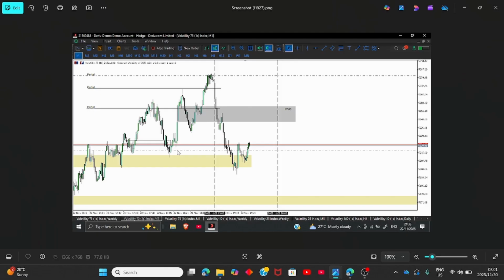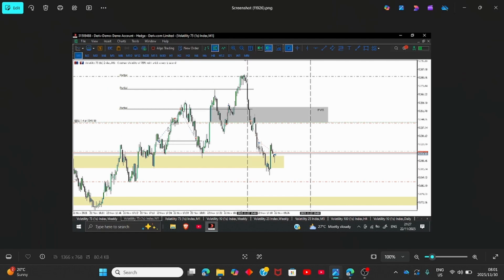When you look at price, it had displaced up quite significantly from here. It ran all the way up there. And then after this bullish run, I knew, because we had reached a deep premium.